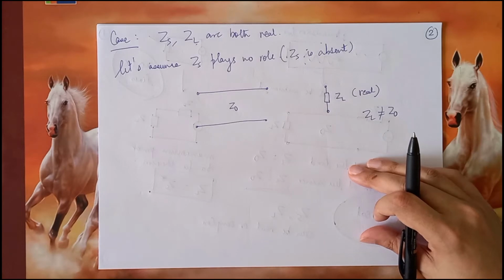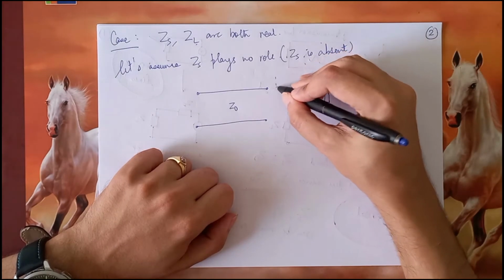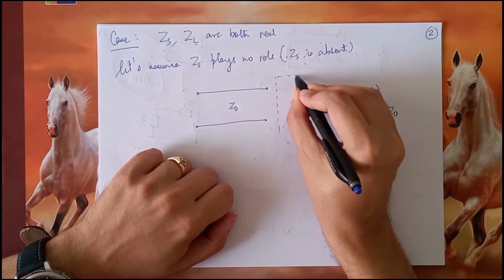Right? So in such a case, what we can do is introduce a black box over here.